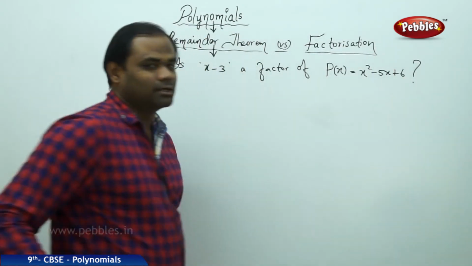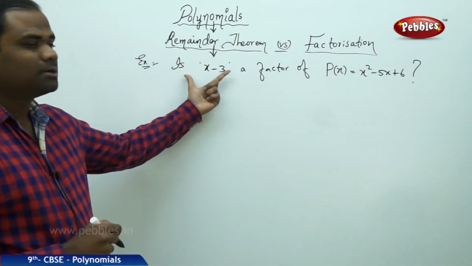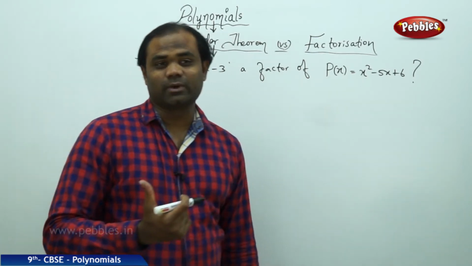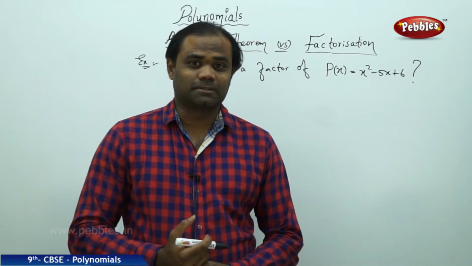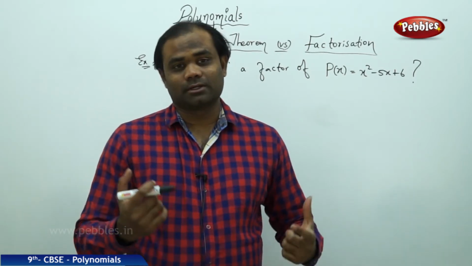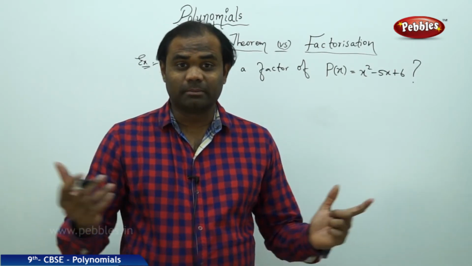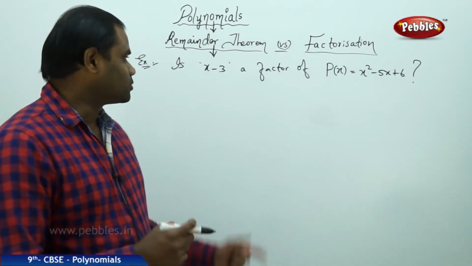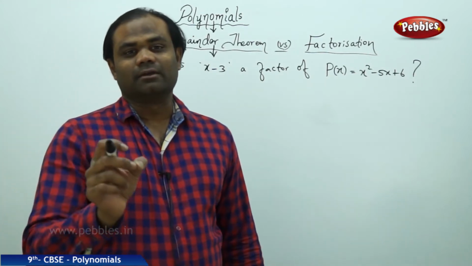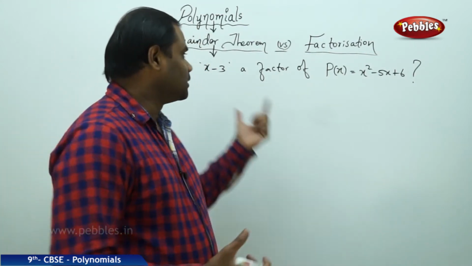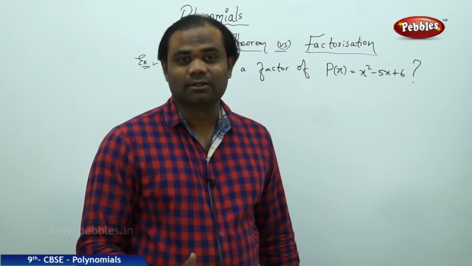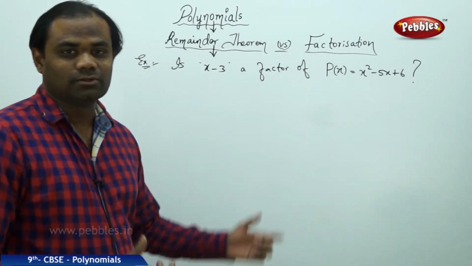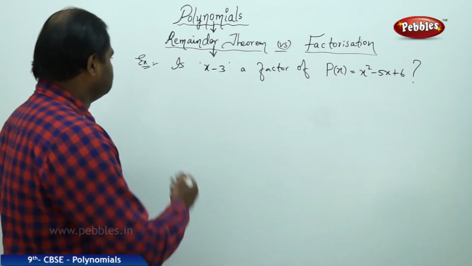Is the linear polynomial x minus 3 a factor of p of x equals x squared minus 5x plus 6? Then how do we continue? Of course, with the remainder theorem. The remainder theorem not only helps in finding the remainder, but also in justifying whether a given linear polynomial is a factor or not a factor of the given polynomial p of x. So let's see how we can do this with an example problem.